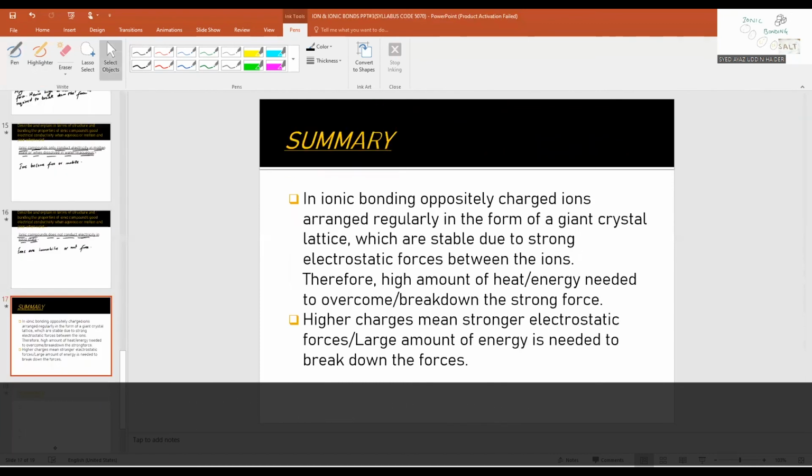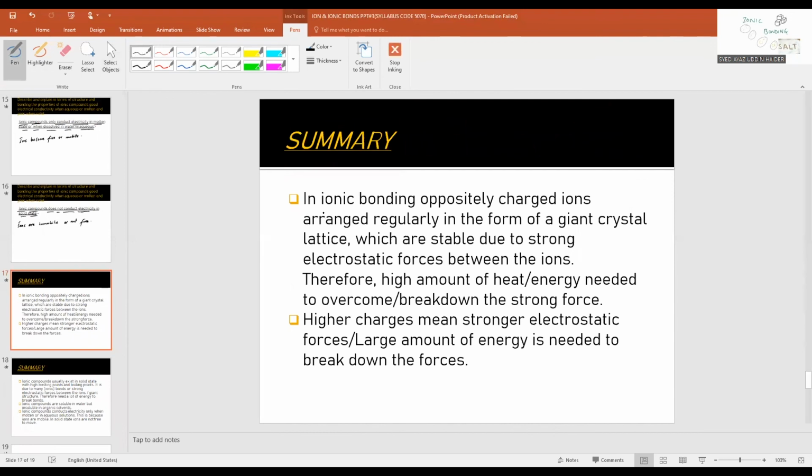So here's a summary of today's lesson. In ionic bonding, oppositely charged ions are arranged regularly in the form of a giant crystal lattice, which is stable due to strong electrostatic forces between the ions. Therefore, a high amount of heat energy is needed to overcome and break down the strong force. Higher charges mean stronger electrostatic forces.